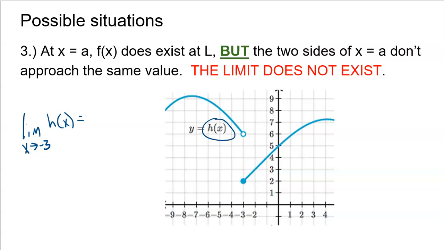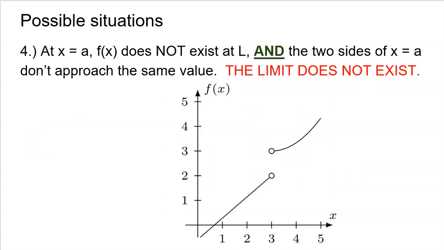First I want you to note there is a point right there at (-3, 2). But remember, the presence or absence of that point doesn't matter to the limit, because the limit's saying, if you're going to approach -3, left side is up here at 6, right side is down here at 2. Uh-oh, the limit does not exist because the two sides are not coming together.